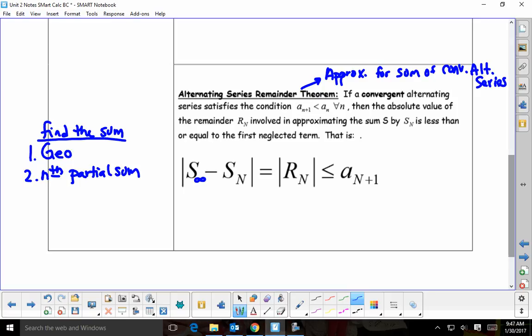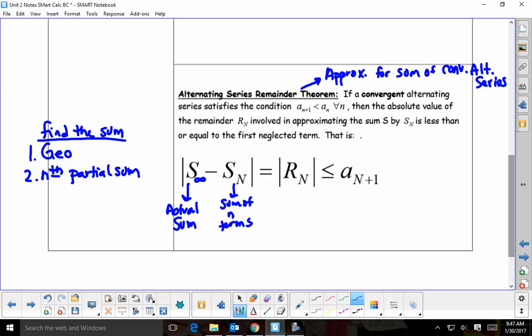That's if I went out an infinite amount of terms, minus the sum of just going out n terms. If I took the actual sum and subtracted the sum of n terms, then I have this difference. This difference is the error.